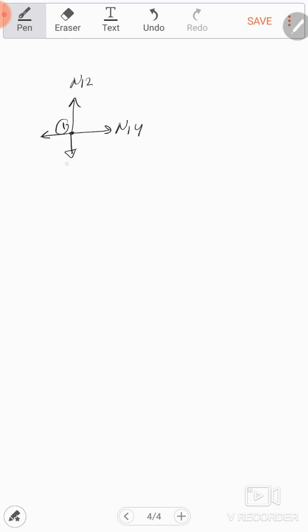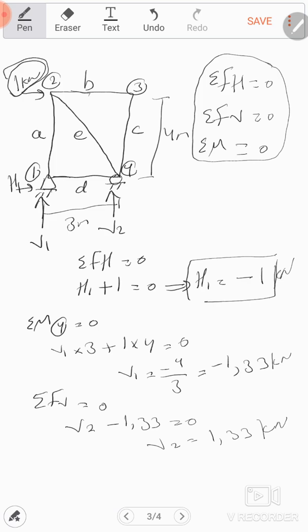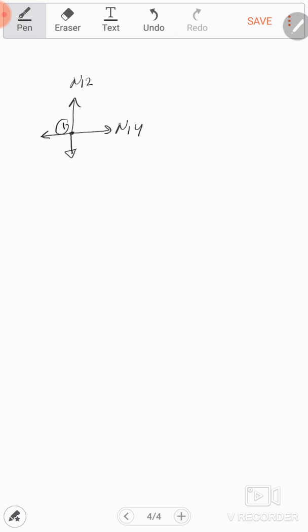And this one is the value of the reaction that I found, V1. V1 is minus 1.33, but because I drew the arrow in the down direction, no need to put minus, so just put the value.